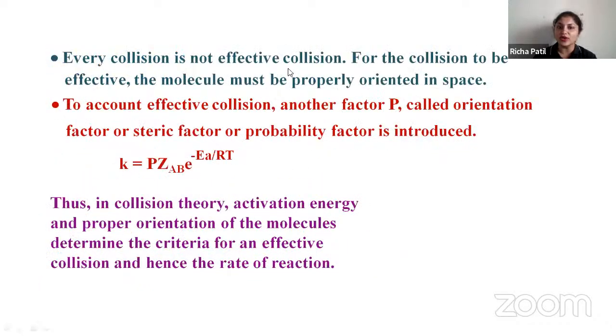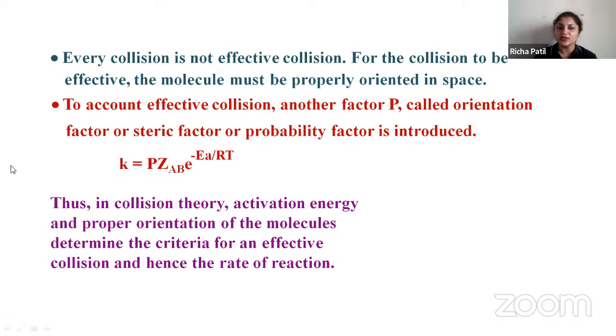Every collision is not effective. For the collision to be effective, the molecules must be properly oriented in space. So to account for effective collisions, another factor P, the probability factor, is introduced. P is nothing but your orientation factor or probability factor.